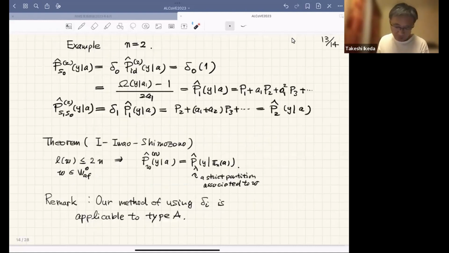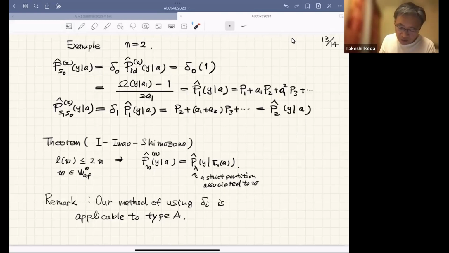Our delta 0 is just given by multiplication of omega, then we subtract 1 and divide it by 2a1. Then, as I showed you in the previous slide, because we have this identity, the result is just P1 hat. This is written in this form. This is an infinite sum of P functions, right?